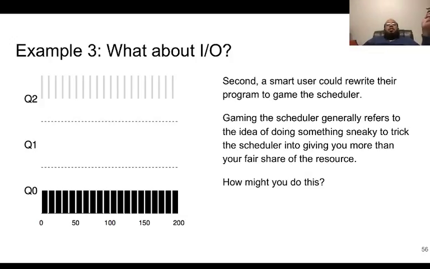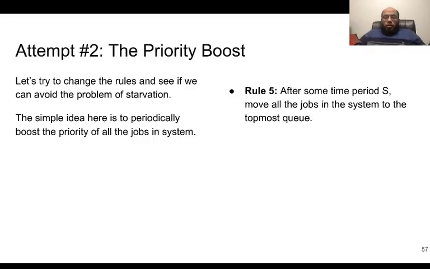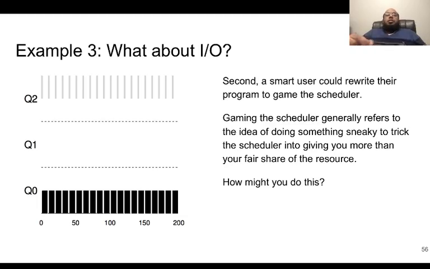The second problem is that a smart, not user, but rather a smart program can actually try to game the system. And that is basically by, for example, trying to divide the operations it does in such a way that it's always less than the time quota for the highest level queue, but it doesn't really go and do any real IO operations.